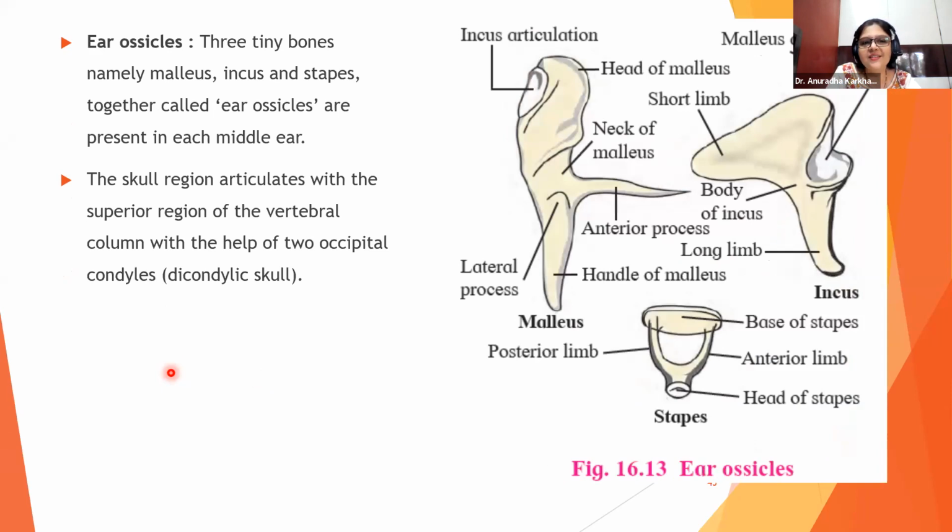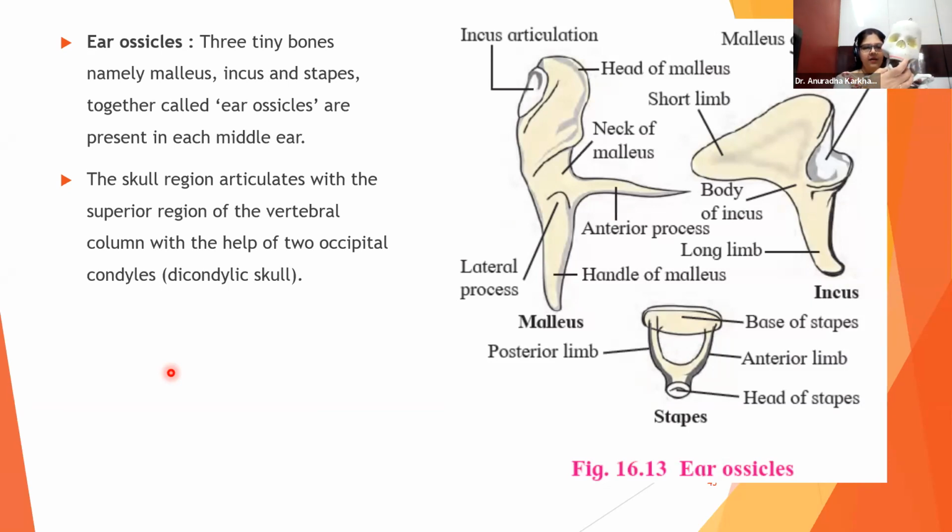See, ear ossicles. 3 tiny bones, namely malleus, incus and stapes, together called ear ossicles, are present in the middle ear. We have done this already in the chapter on the neural system. Correct? Then the skull region articulates with the superior region of the vertebral column. Now see, what is articulation? This is the skull. It articulates with the superior region of the vertebral column.